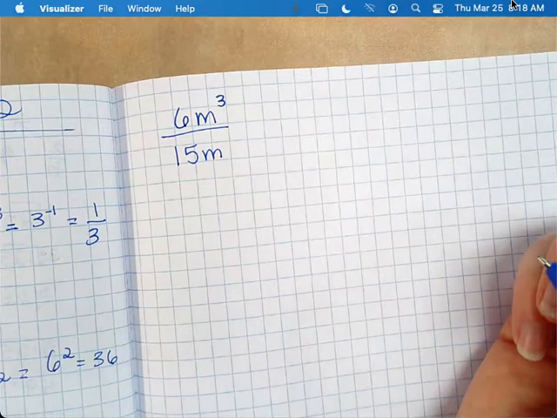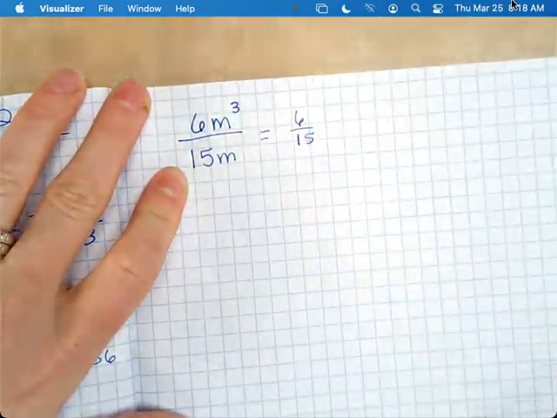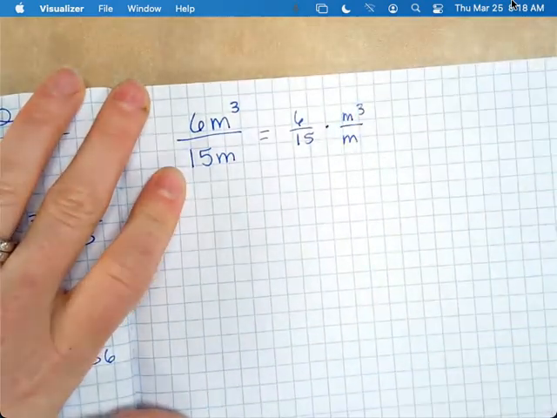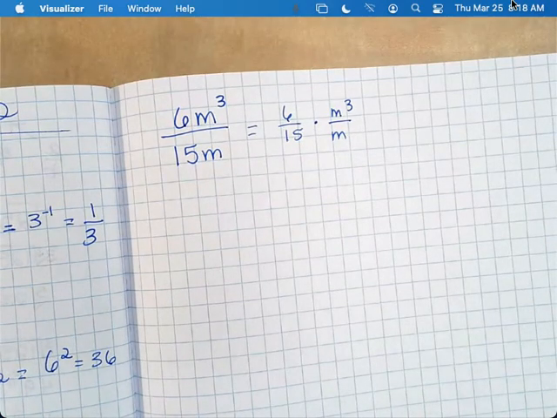Okay, we can separate these out and just do 6 over 15, simplify that, and then do m cubed over m and simplify that. They don't have to be right up next to each other. You can separate them out.